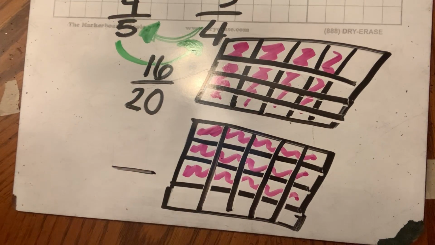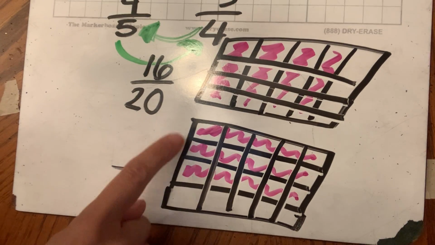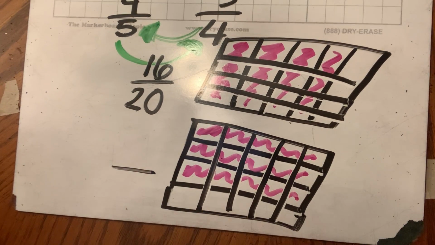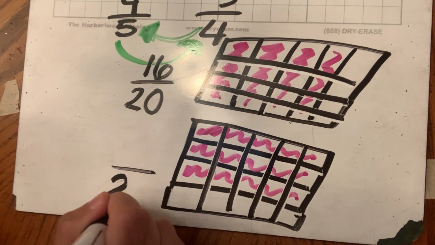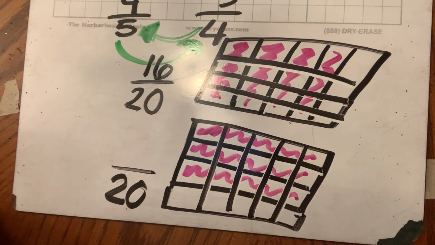What's my new whole for this area model now? Well, should we do that cool trick I told you? Sure. Up and down, let's see, it's 1, 2, 3, 4. And left to right is 1, 2, 3, 4, 5. What's 4 times 5? 20, right? And how much of that is shaded now?